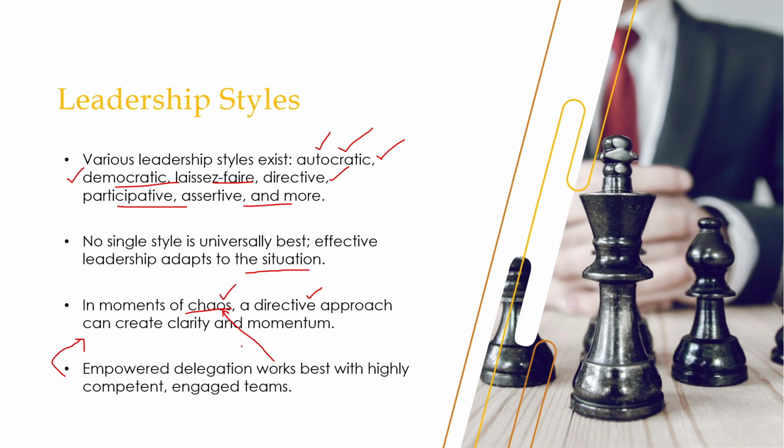So you don't have to be autocratic here, right? You can empower people to take the correct decisions, the decisions that they feel are right. So these are the different leadership styles and how you as a leader need to walk through and ensure you deploy the best style in a given situation.